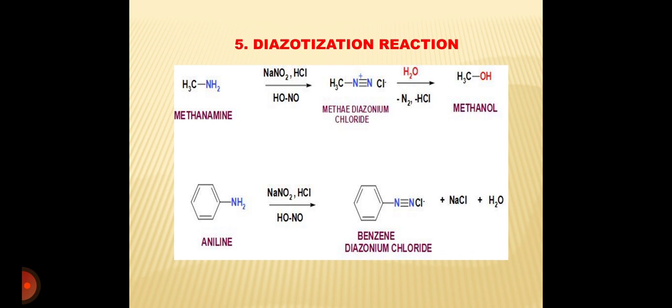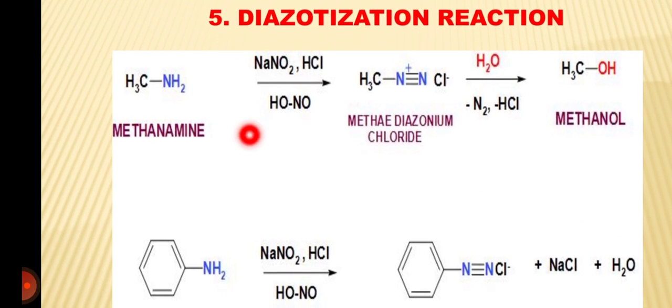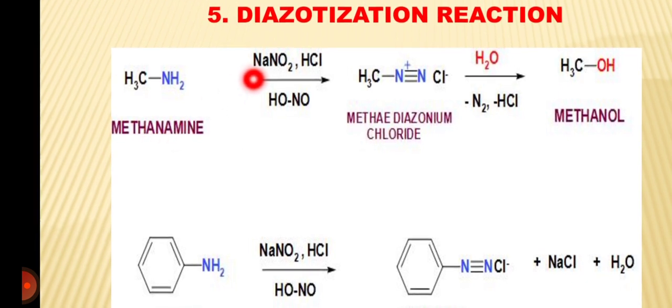Let's go for the next reaction, a very familiar one, that is the diazotization reaction. This diazotization reaction can be given by the aliphatic and the aromatic amines. For example, when aliphatic amine reacts with sodium nitrite in presence of hydrochloric acid, it liberates nitrous acid, that is HONO.